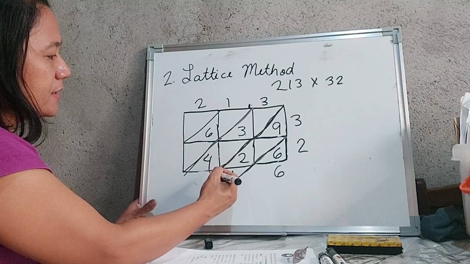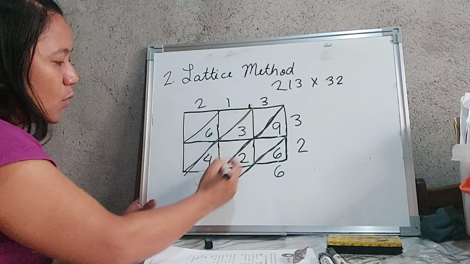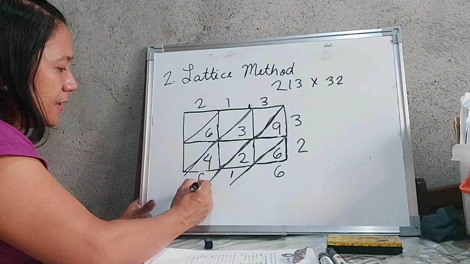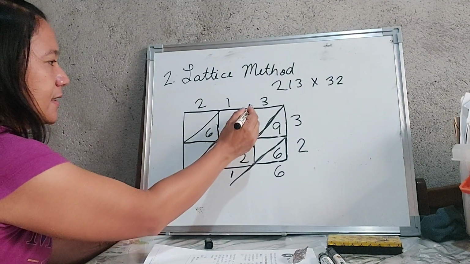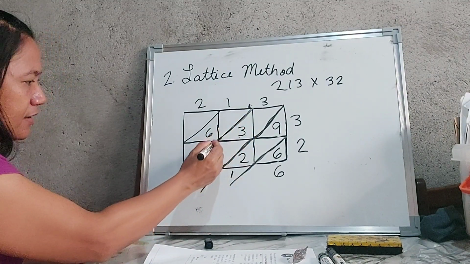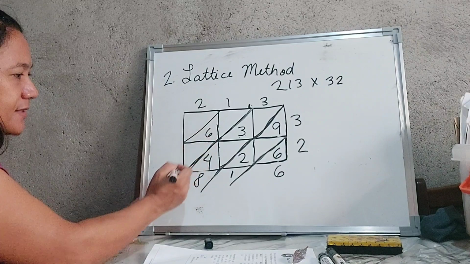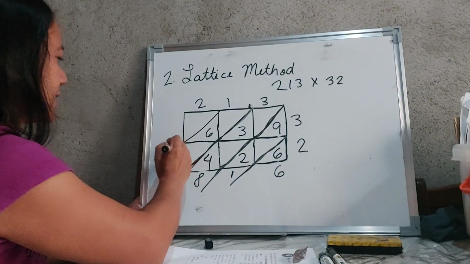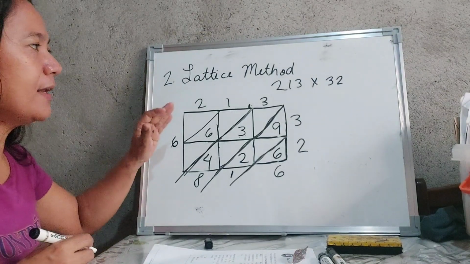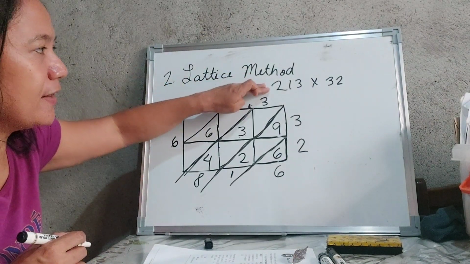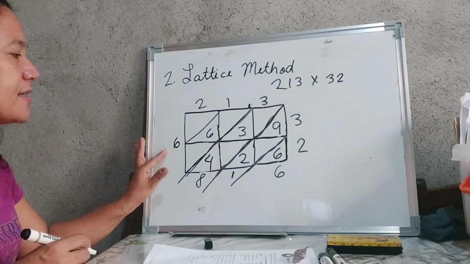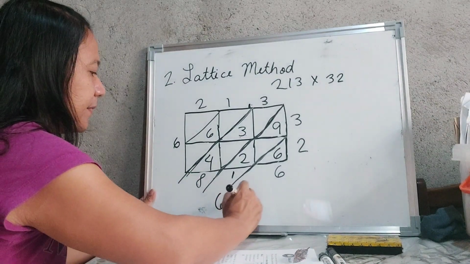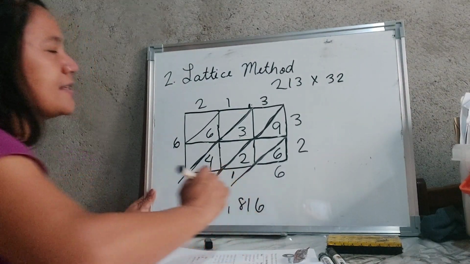3 plus 4 is 7 plus 1 is 8. Since in the next diagonal, walang kasama ang 6, that's why I will write down 6. So, the final product of this given data is 6,816.